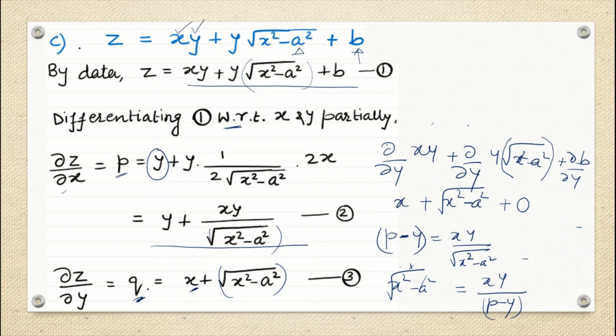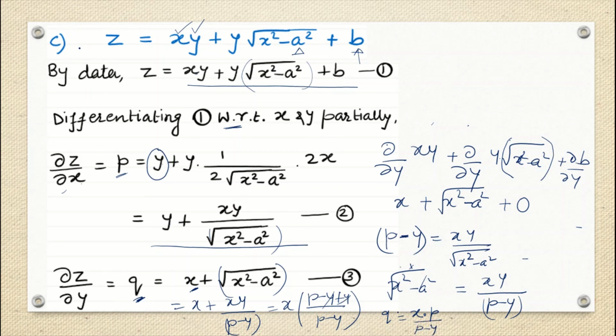And if I substitute this part here, q equals x plus xy divided by p minus y. So if I take x common, this is (p − y) and then (p − y) plus y. y gets cancelled, so it will become q equals x into p divided by p minus y.